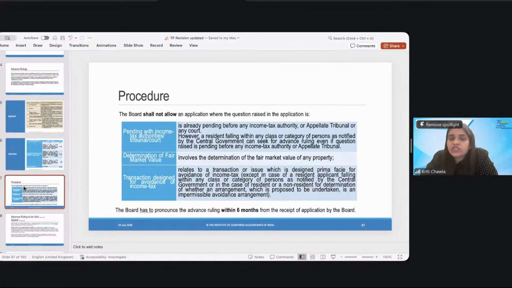Then, if the transaction relates to a transaction or issue which is designed prima facie for avoidance of income tax, then also it's not going to be allowed, except in case of a resident notified by the central government for an arrangement proposed to be undertaken if it is an impermissible avoidance arrangement. Now, the board has to pronounce the advance ruling within 6 months from the receipt of the application by the board. So this is to be done within 6 months.